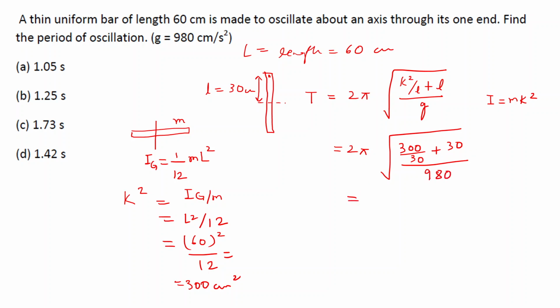When we solve this, 30 plus 10 is 40, divided by 980, let me calculate, 40 divided by 980 and root of this is 0.201, times 2 times pi gives 1.269.